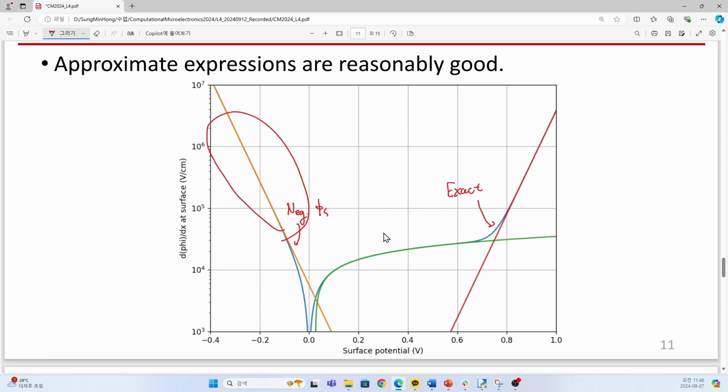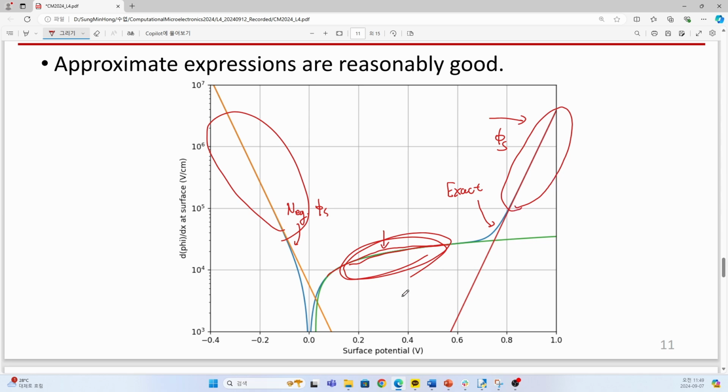And this green one corresponds to relatively small positive phi s, and you can find that this is perfectly matched for this range. And if we go to sufficiently high surface potential, then the behavior can be well described by our exponential function.